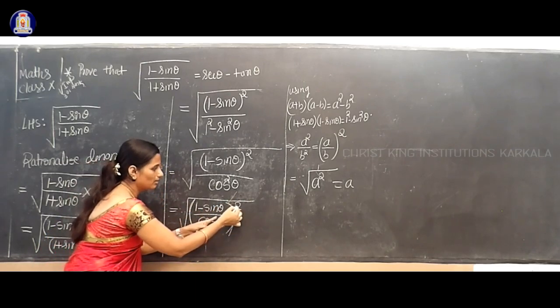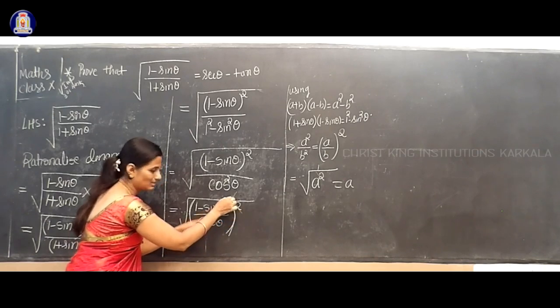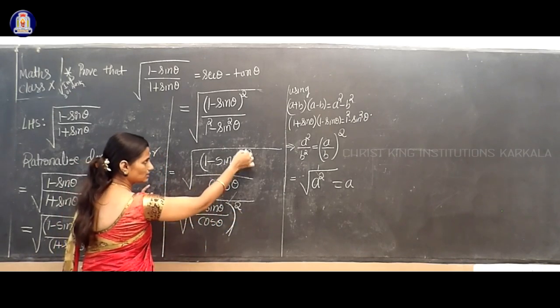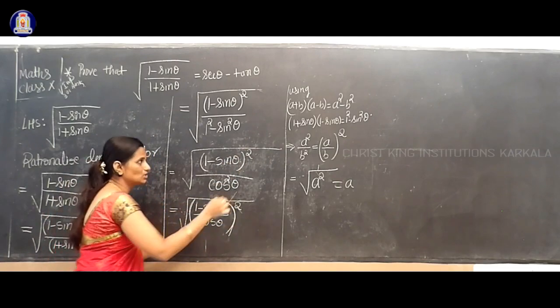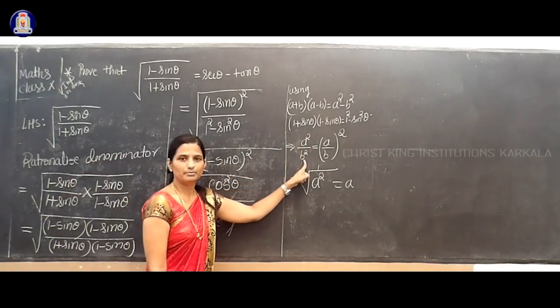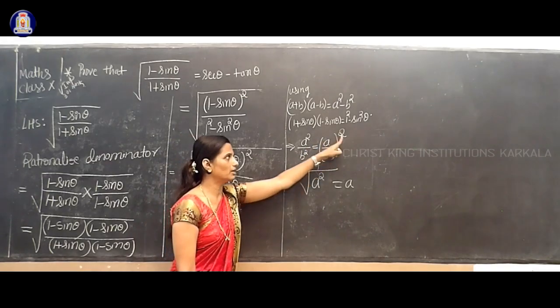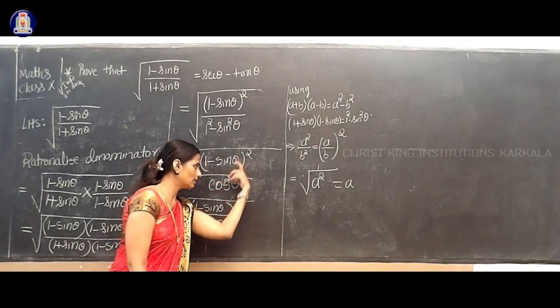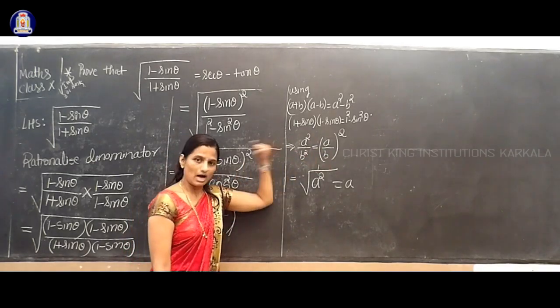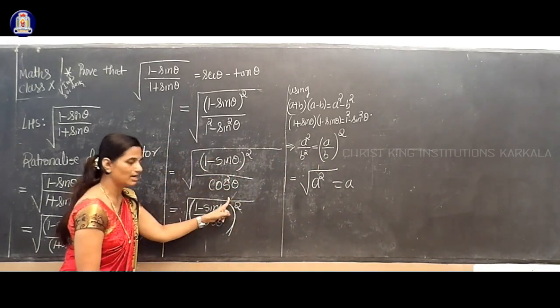So square and square root cancel. Don't cancel here, okay? Square and square root don't cancel here. So first write it in this form, a square divided by b square equals a divided by b whole square. First write that step in this form. After that cancel square and square root.